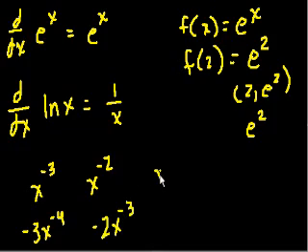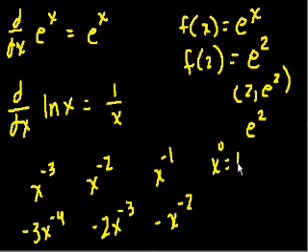The derivative of x to the minus 1 is minus 1 x to the minus 2. The derivative of x to the 0, well, this is just 1, right? The derivative of x to 0 is just 1, so the derivative is 0. The derivative of x is 1. Derivative of x squared is 2x, and so on, right?